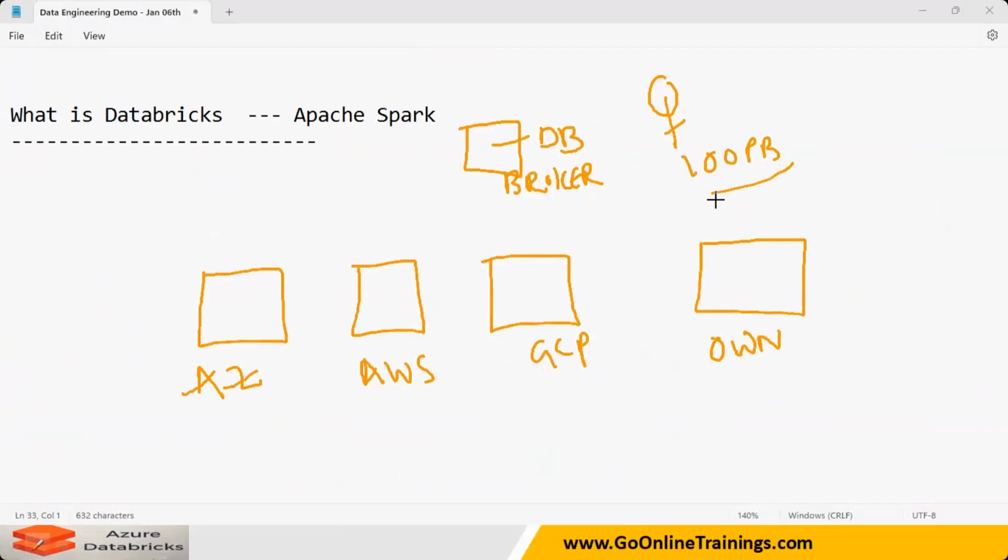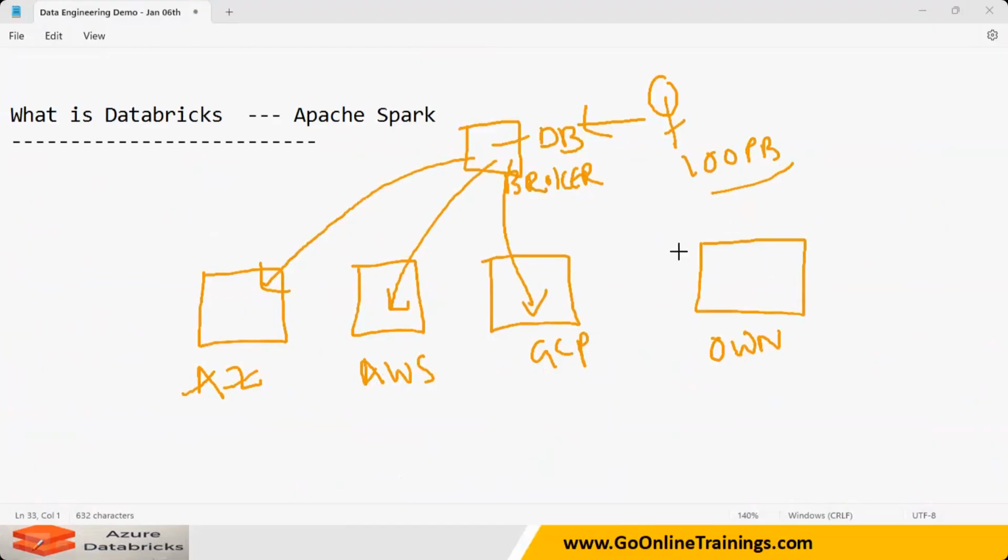So what you do, first of all, you need to take one godown for storage, right? For example, you have 100 tons of potato. You need a storage place to store the data. You need to have one rental place. Instead of you going and searching, you talk to one agent. That agent will take a godown. Either you can go to Azure, or AWS, or GCP, or you can also use your own.